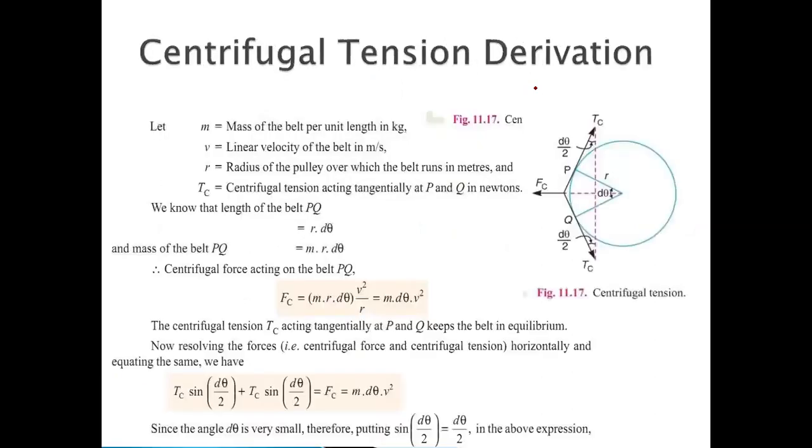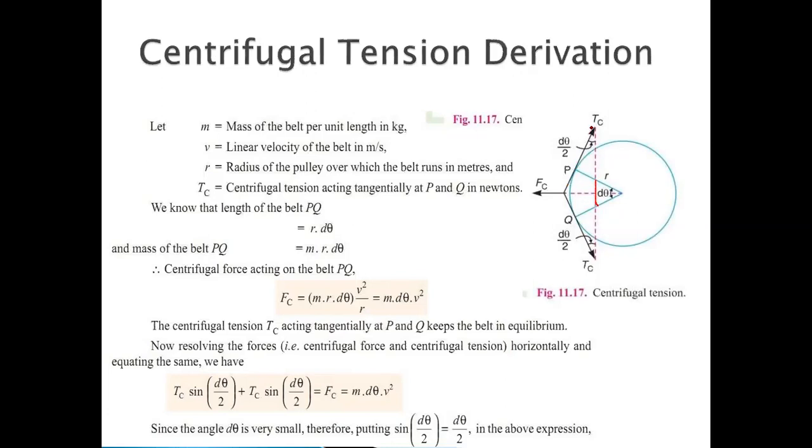Now we have to derive how much centrifugal tension is generated on the slack side as well as the tight side. The important thing is that the value of the centrifugal tension generated on both sides is equal. So first, the smallest part of the wrap angle on the pulley has been taken.